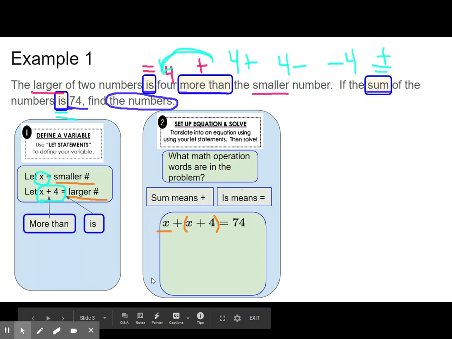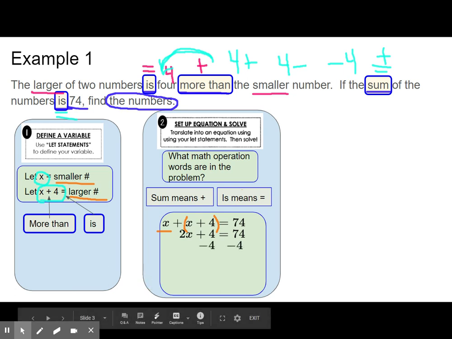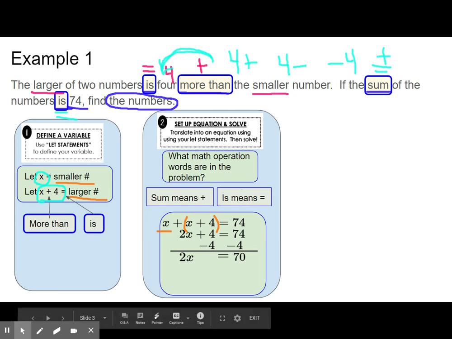So now let's do some math. First step, combine like terms: x plus x. Next step, subtract 4 from each side. Then there you go, 2x equals 70. Next step, divide by 2.